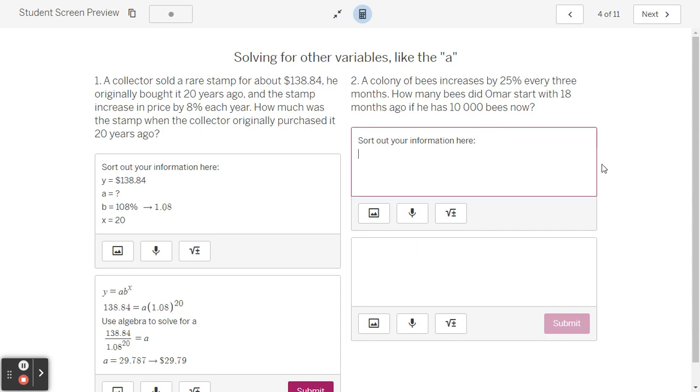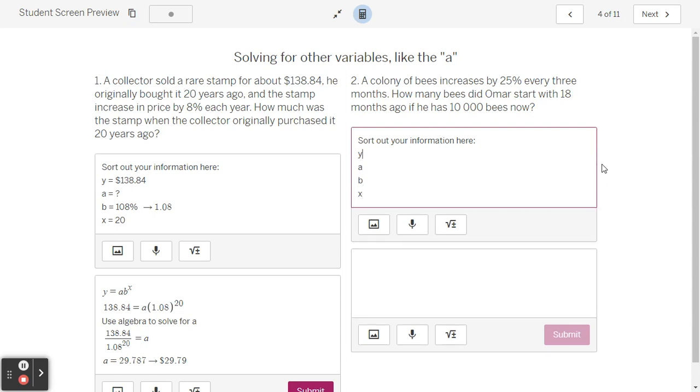Let's sort out the information: y, a, b, and x. Now, the fact that we have 10,000 bees now means that this is the final amount, and the original amount is unknown.